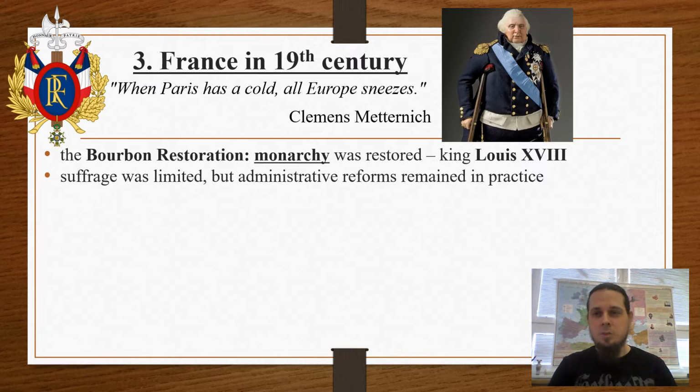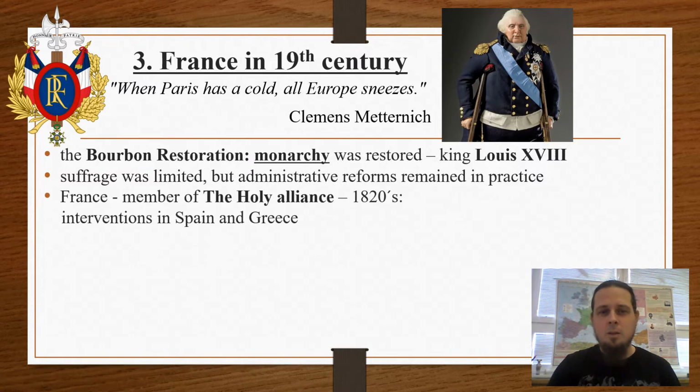He was sure that, although the suffrage, the general voting law, may be limited, most of the administrative reforms remained in practice, which made people fairly okay, or not so discontent, for several years. France was also internationally a member of the Holy Alliance that tried to suppress interventions in many countries.